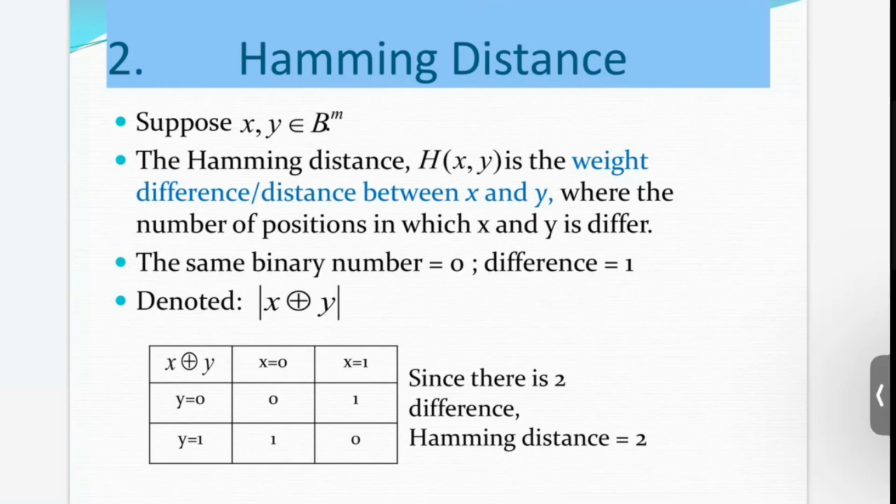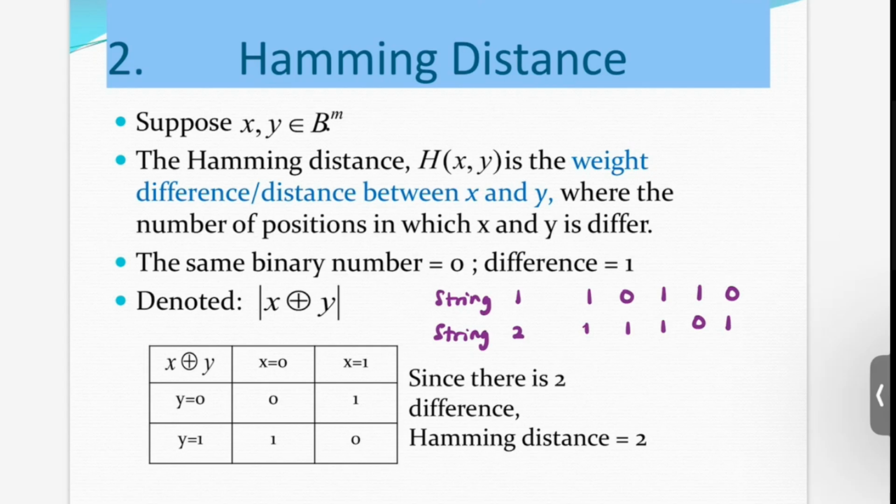For example, if you have string 1 and string 2, let's say string 1 is 10110 and string 2 is 11101.